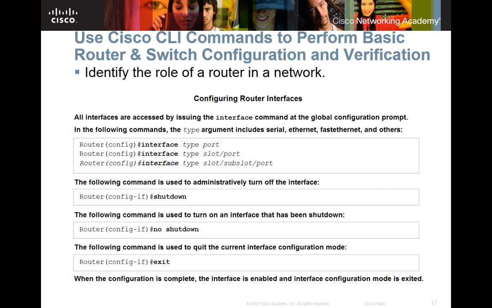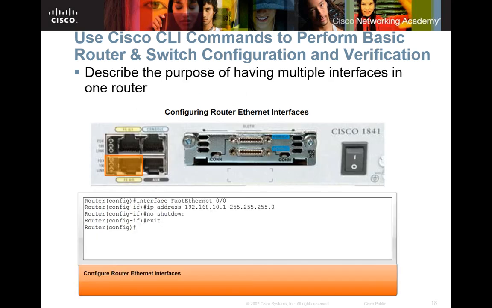And then once you get done with that configuration, you exit. The only thing it did not talk about in here is clock rate. So here's an example of what we would do. Interface FastEthernet 0/0. Well, here is my module of 0, and here's my 0 port. You can't really see it, but it says FE0/0 right here.